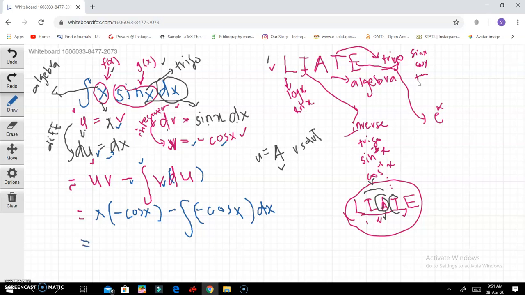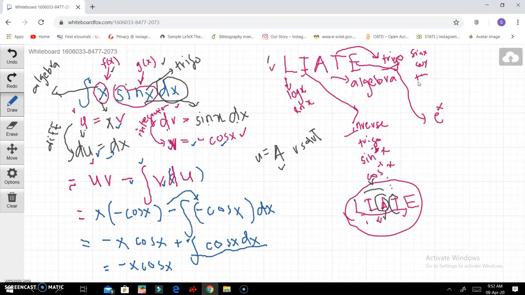Time to simplify it. You are supposed to get negative x cos x, minus and minus, you are going to get positive or plus, the integral of cos x dx. In order for us to stop, you need to make sure this integral is gone. You need to eliminate this integral. So here you just write back the value of negative x cos x, plus the integral of cos x dx.